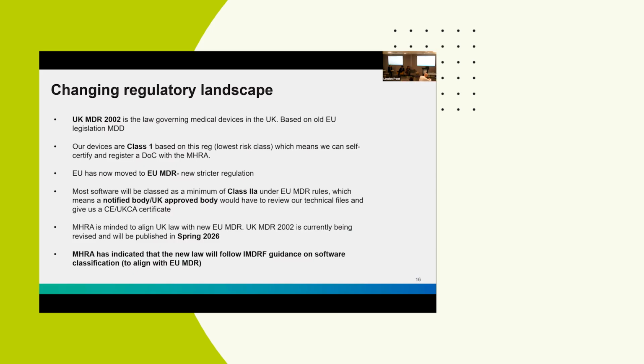And what's likely to happen, and MHRA has said this in public consultations, in their public webinars, etc., is that many of the softwares which at the moment are classified as the lowest risk class would up-classify to one risk class higher. And what that means is there would be a bit more scrutiny, there would be an independent assessment that would be needed to get your registration for your software product. So quite a lot of changes.